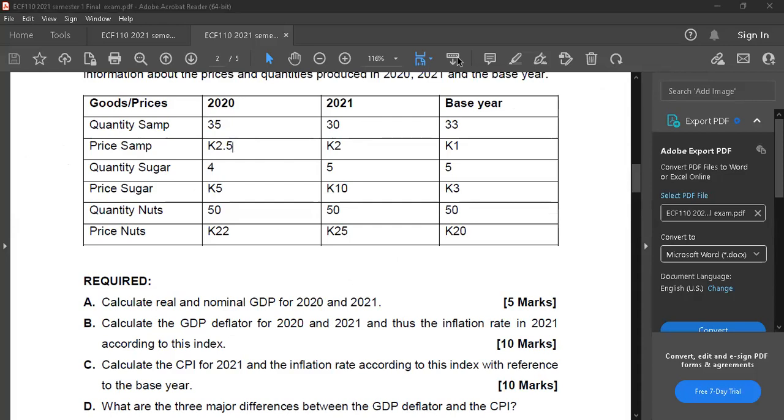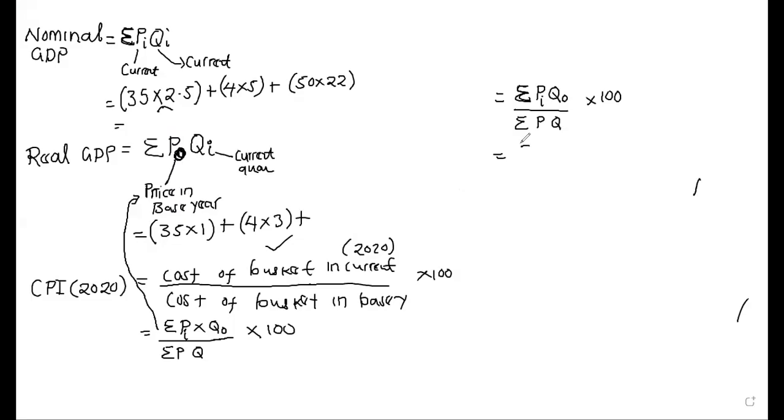And then what's the quantity? The quantity I need to get from the base year. The base year quantity is 33. So we say 2.5 times 33.